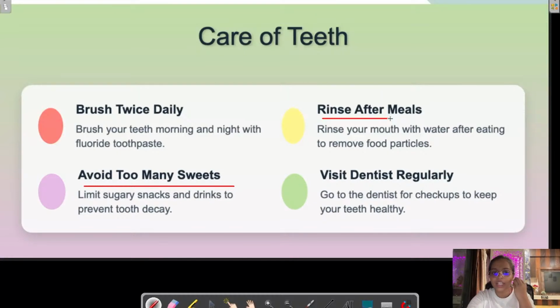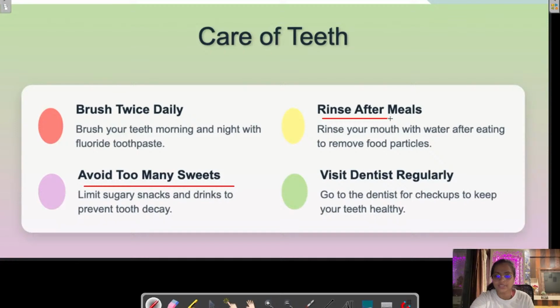This is how you can care for your teeth. Then, at the last, visit the dentist. Dentist means the doctor of teeth. Visit the dentist regularly for a checkup to check whether your teeth are healthy or not. This is how you can take care of your teeth.